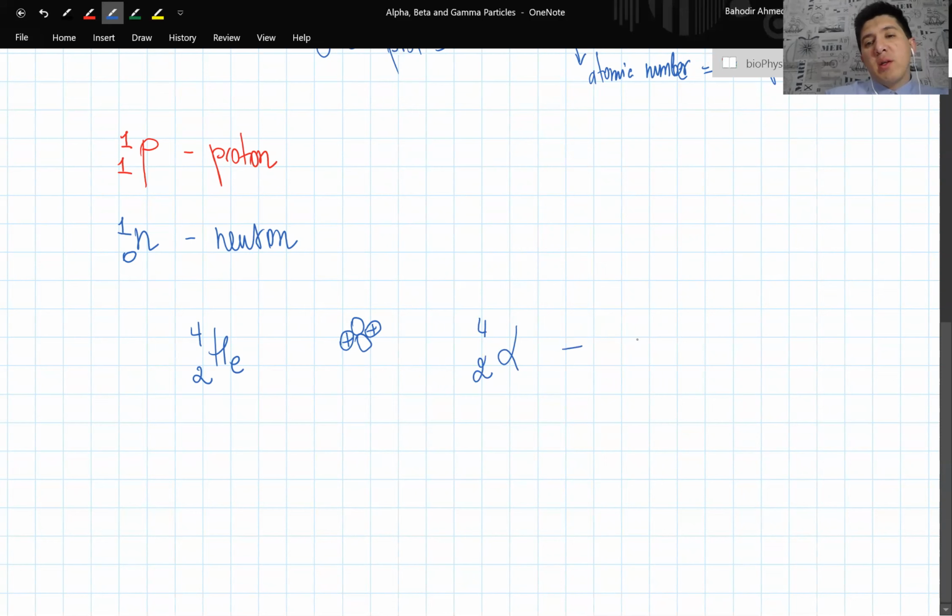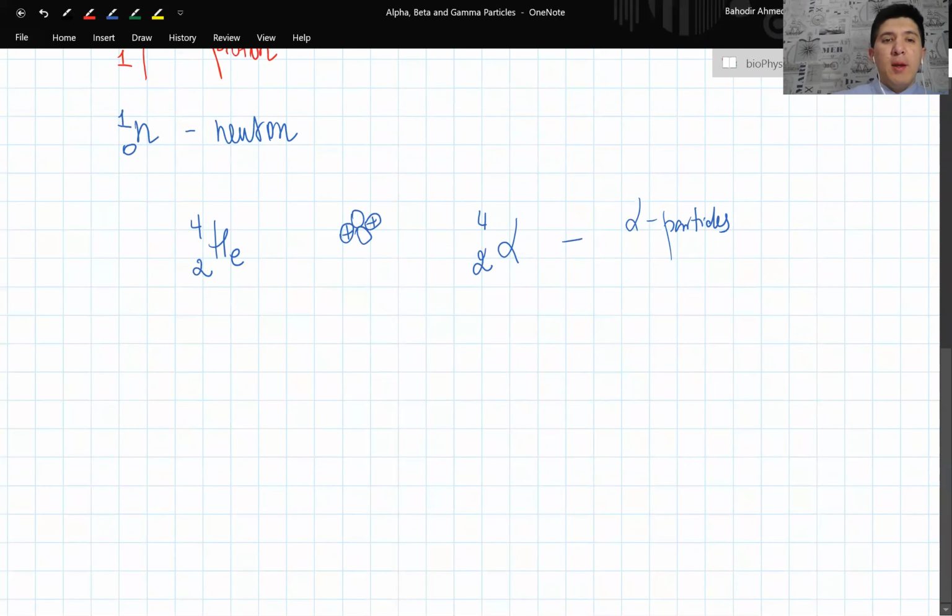So these kinds of particles are called alpha particles, with mass 4 and 2 protons inside its nucleus.